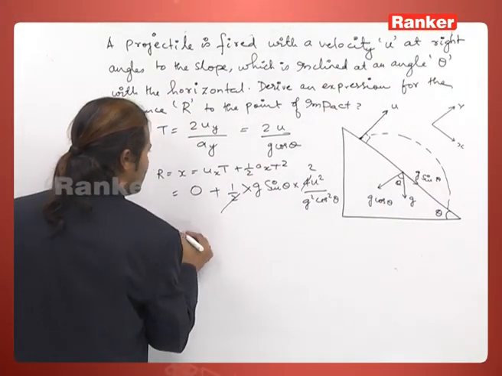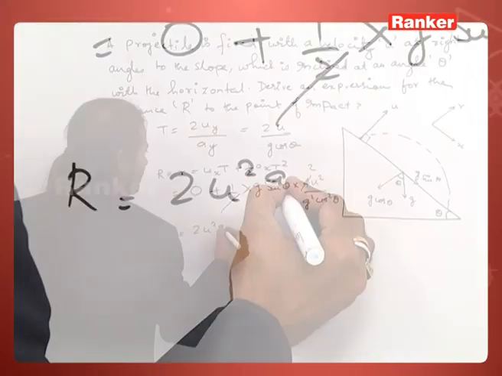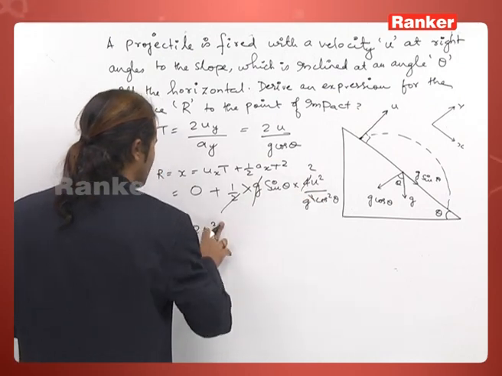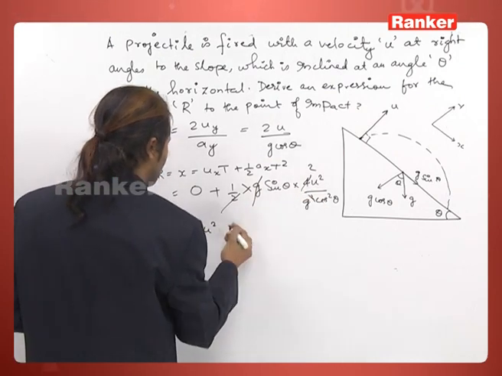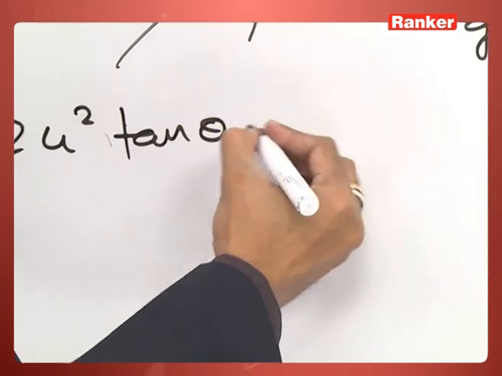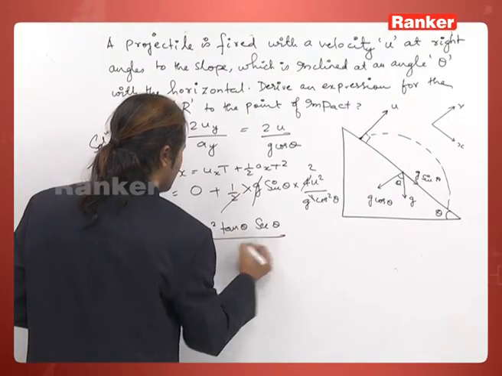So range is 2u square by g, and g cancels, so 2u square tan theta into secant theta divided by g.